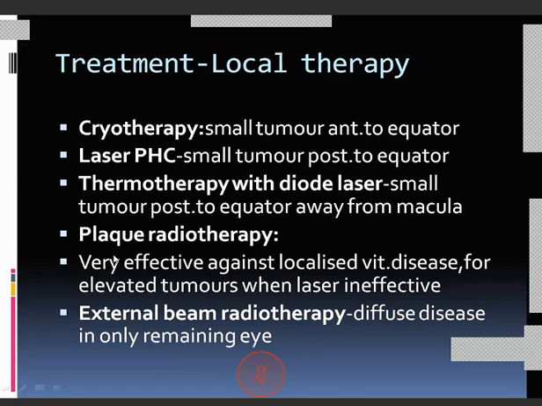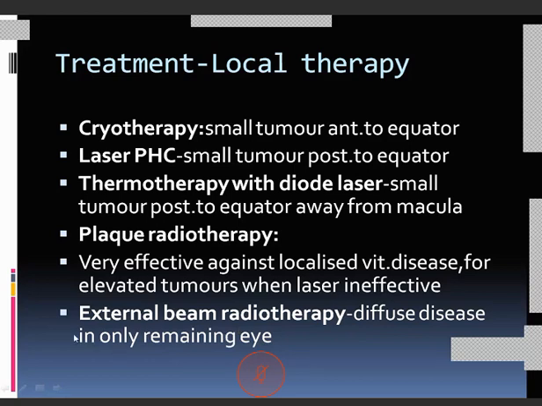And then the other local therapy is plaque radiotherapy, which is very effective against localized vitreous disease for elevated tumors when laser is ineffective. For flat tumors, the laser is effective, but for elevated tumors extending into the vitreous, we need to do plaque radiotherapy.